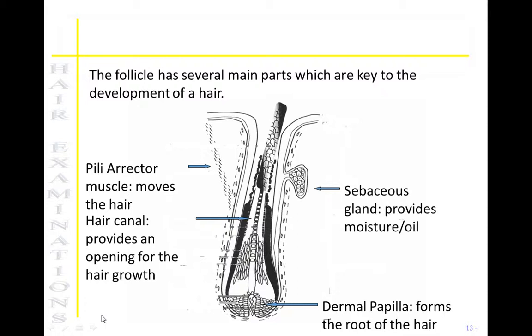The dermal papilla is the portion of the hair follicle from which the hair actually grows. The follicle also has a muscle attached to it, the arrector pili muscle, and this is what causes your hair to stand up when you get chilled. There's also a sebaceous gland that provides moisture and oil to the hair.